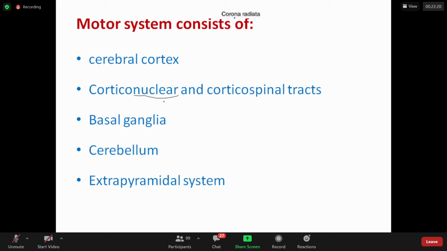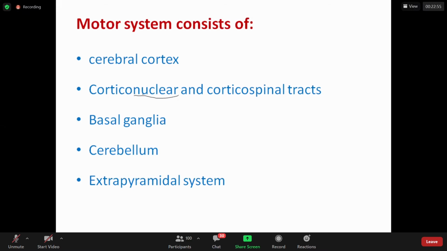Those motor nuclei of the cranial nerves present in the brainstem are called bulb, B-U-L-B, or nucleus. So the name corticonuclear or corticobulbar actually means that they are going to the motor nuclei of the cranial nerves present in the brainstem.